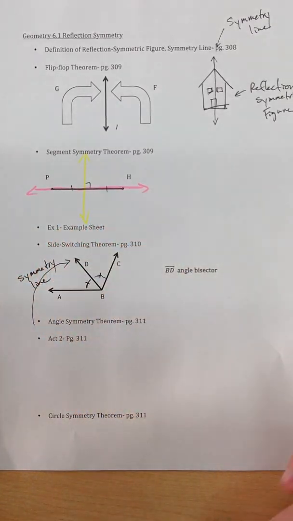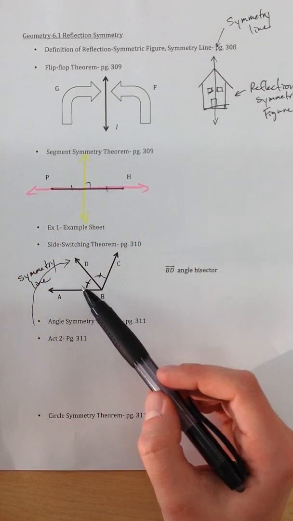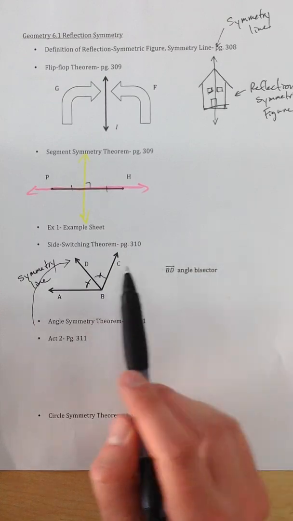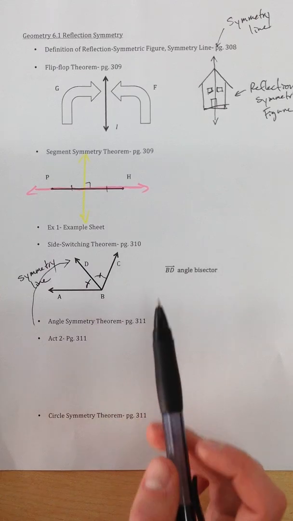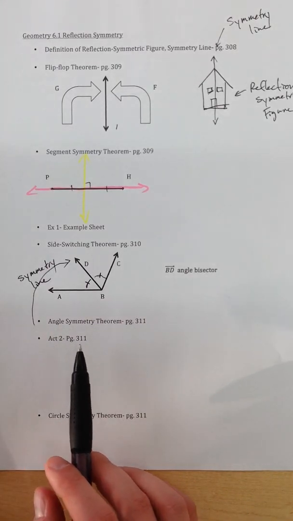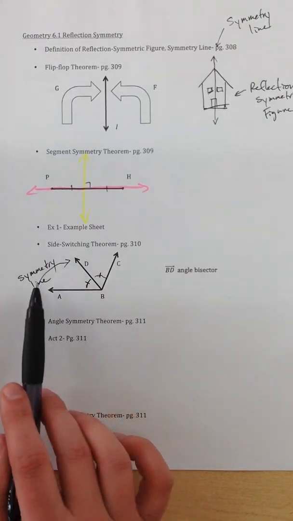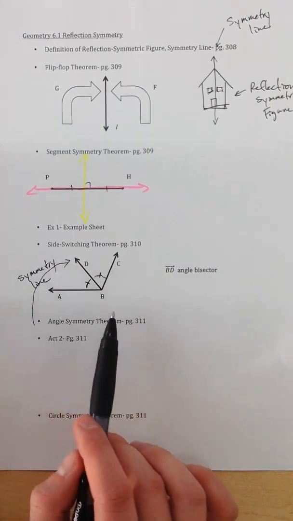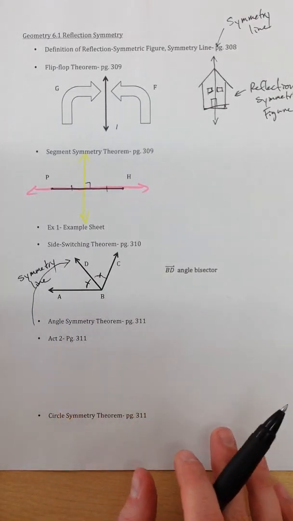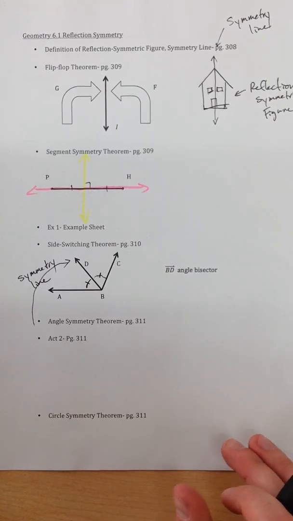And a lot of this stuff we've talked about before, like those angles being the same, so we've been talking about side switching theorem without actually giving a name to it. The only thing that's different here is we're naming this angle bisector as the symmetry line, but symmetry line is kind of similar to a reflection line. So really it's just building on the knowledge we've already done.